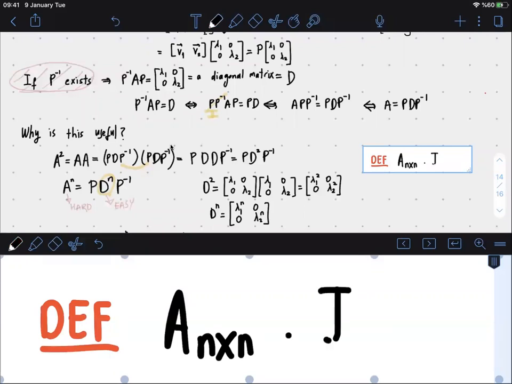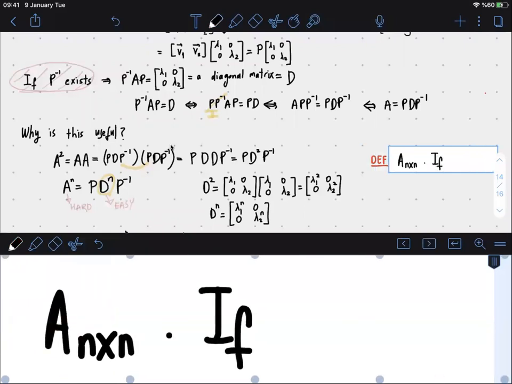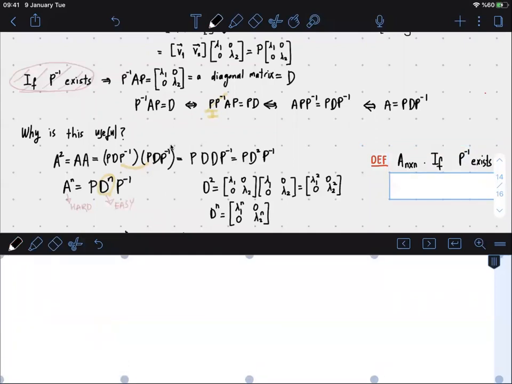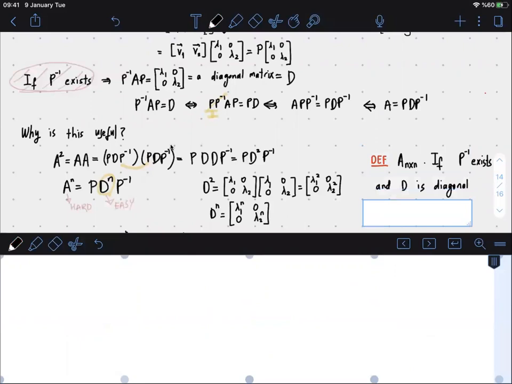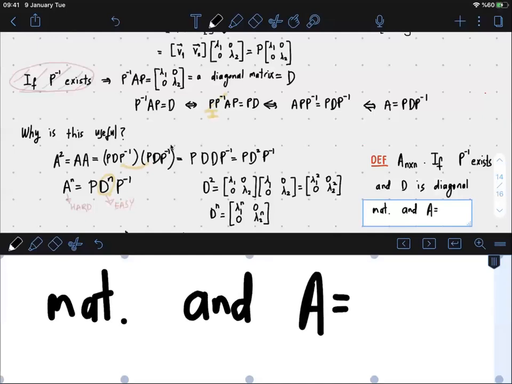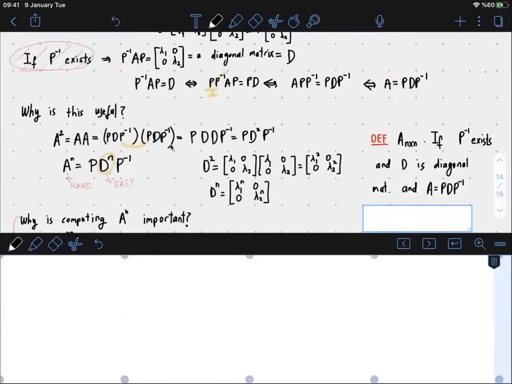If P inverse exists and D is a diagonal matrix, and A is P D P inverse, then A is called diagonalizable.